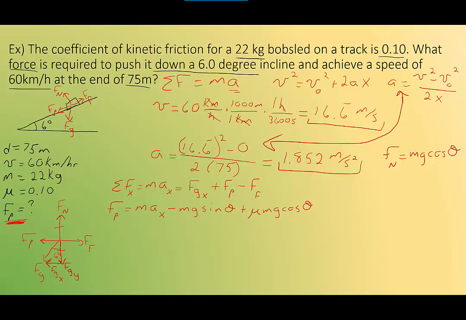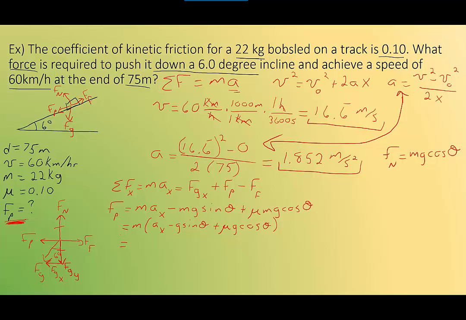So now that we have this, we can simplify this a little bit more before we put any numbers in. We can pull an m out of all of it and get a_x minus g sine theta plus mu g cosine theta. I guess I could have pulled the g out of each of these last two terms as well, but we'll just leave it like that.